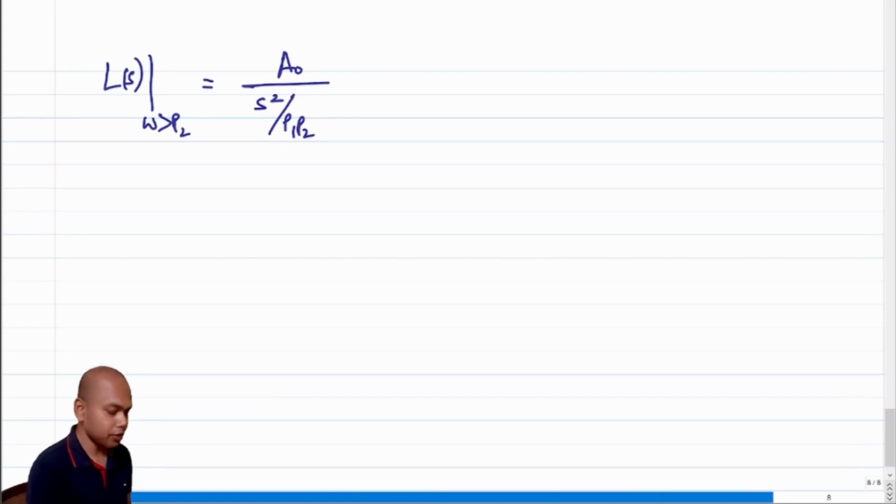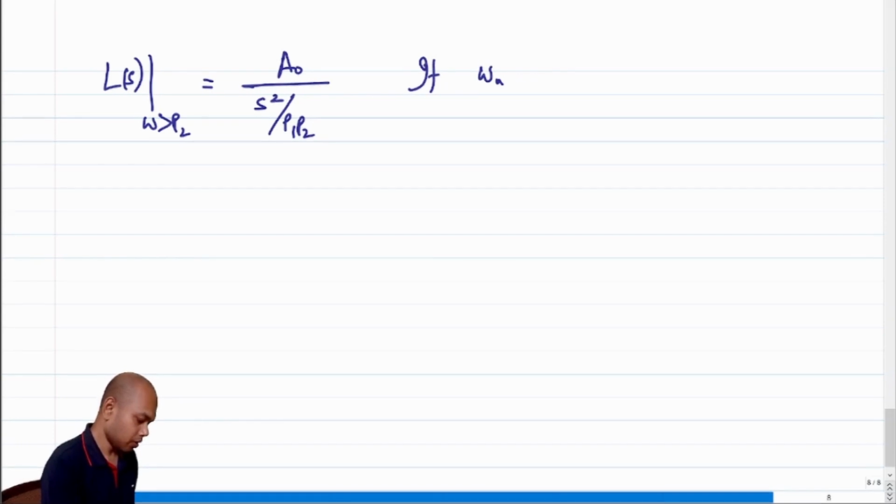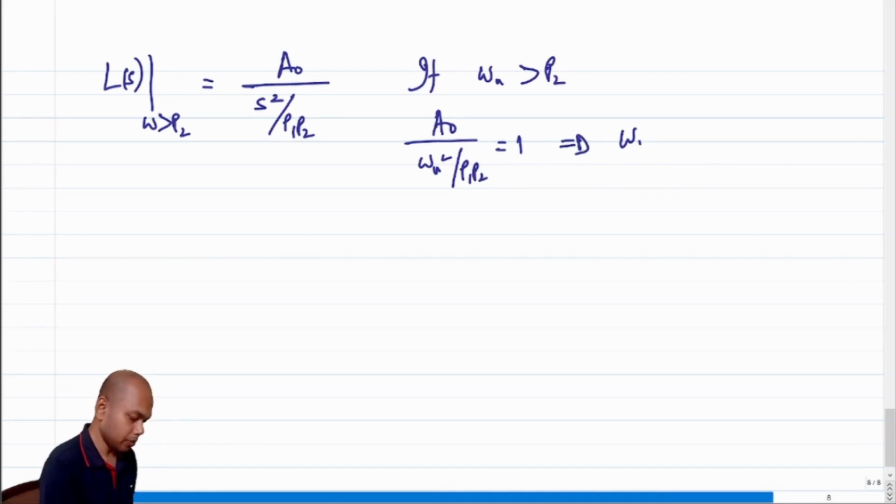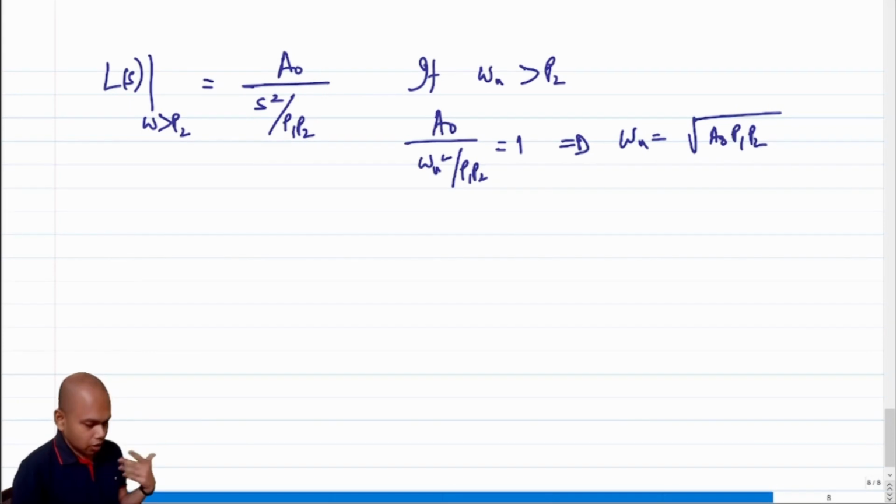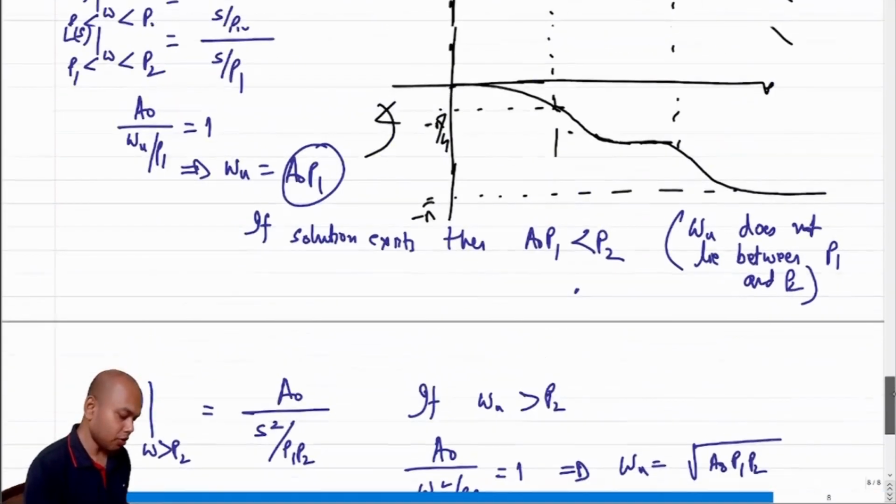If omega U lies here, if omega U is greater than P2, then the solution will be A naught by omega U squared by P1 P2 equal to 1, which means omega U will be under root of A naught P1 P2, right?